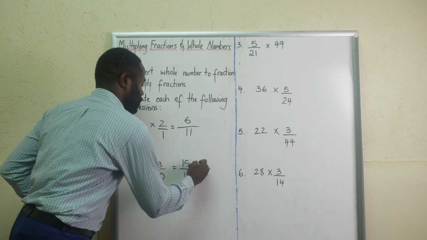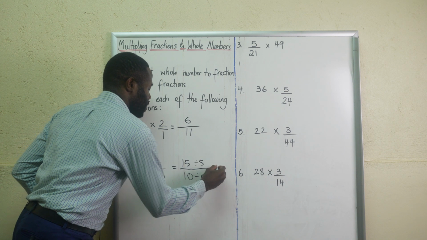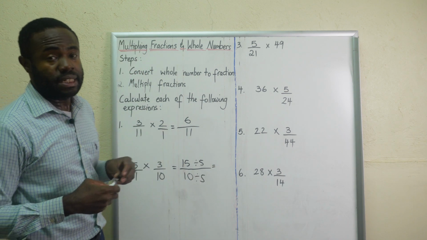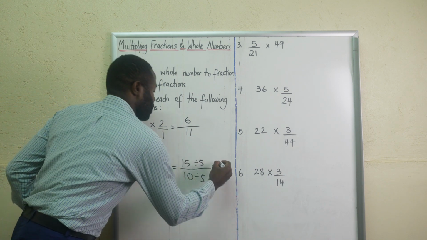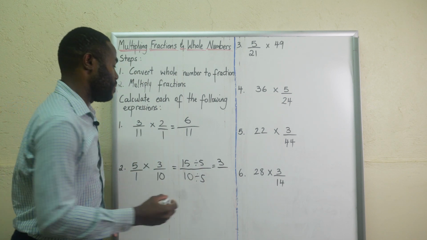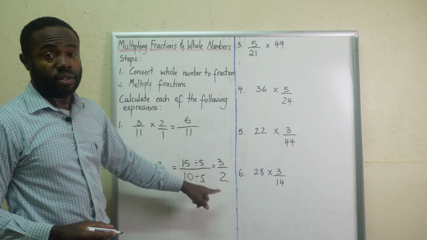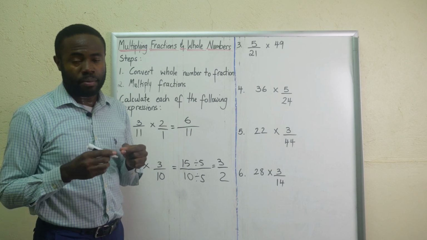So 15 divided by 5 will give you 3, and 10 divided by 5 will give you 2. So now we have 3 over 2, which is an improper fraction.